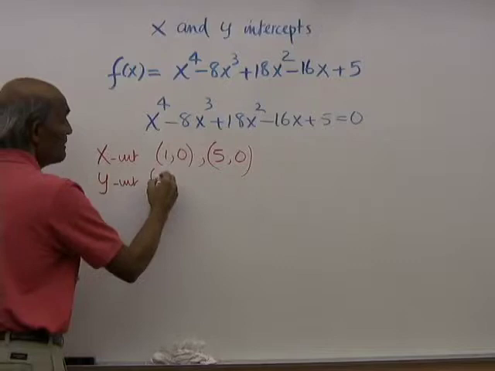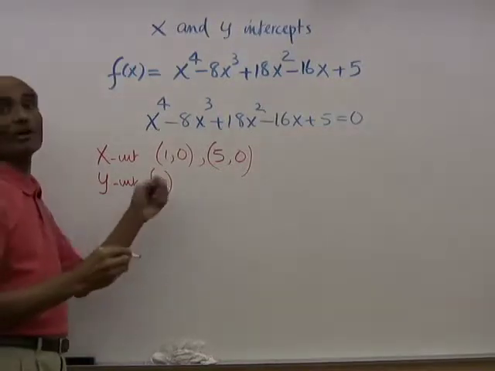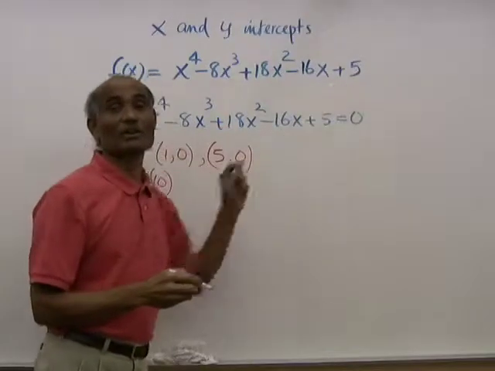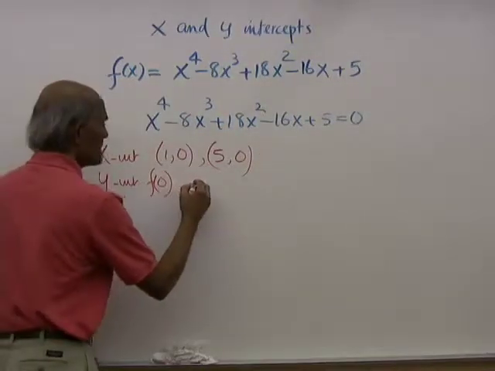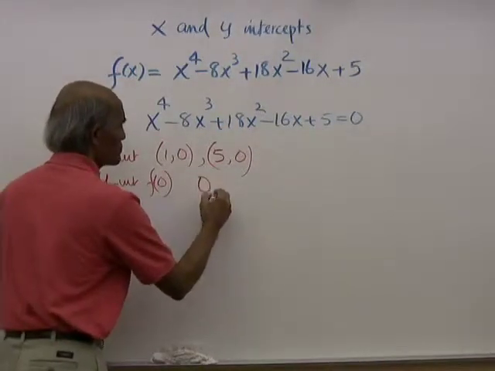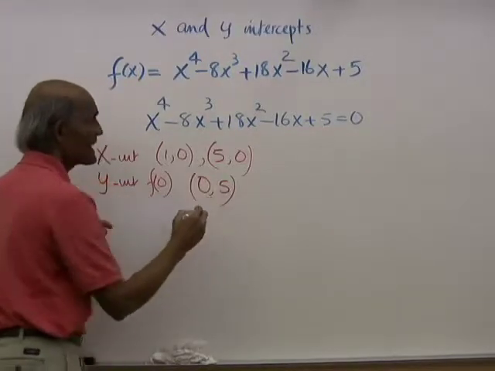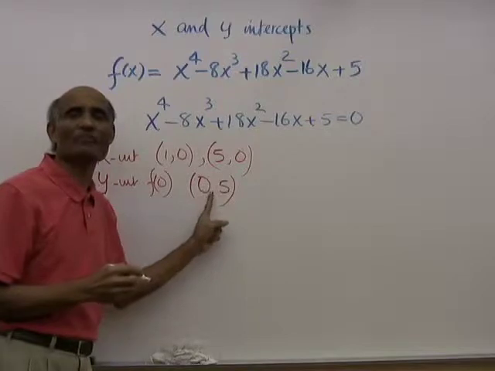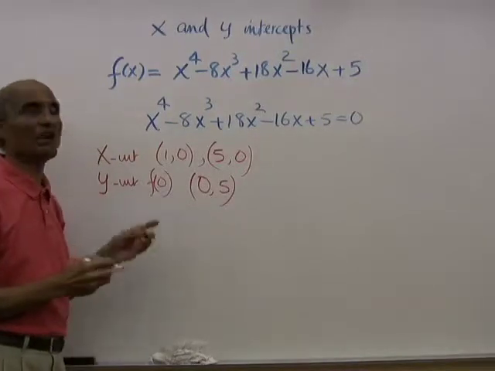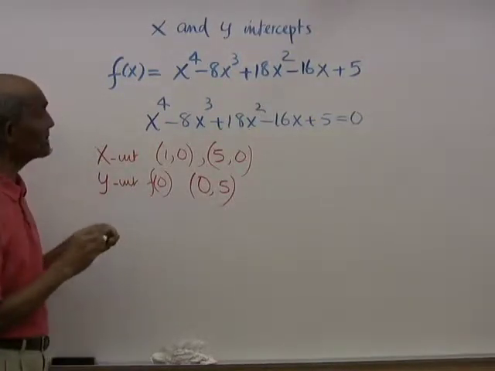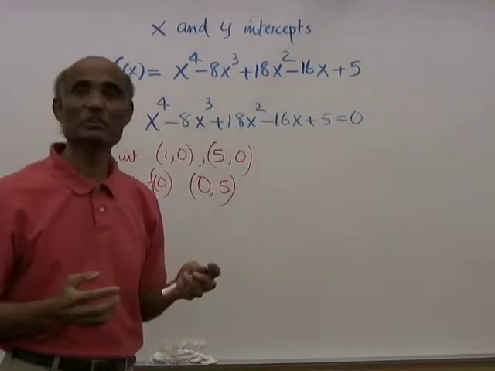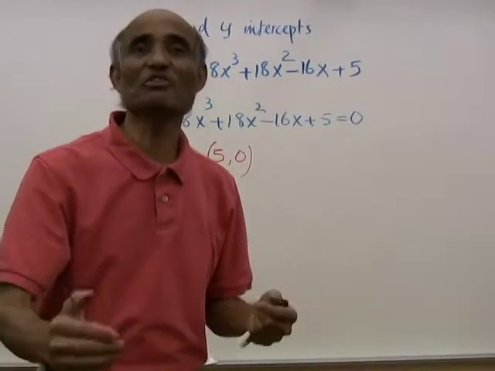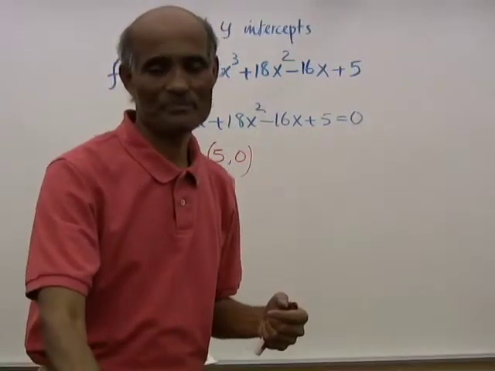Y-intercept is f of 0, and in the function when you put x equal to 0, your y-intercept is 0, 5. Always write the intercept as an ordered pair, x and y. X equal to 0, y equal to 5. So you got the x-intercept and y-intercept. And you should be able to find the x and y intercept of any function like this.